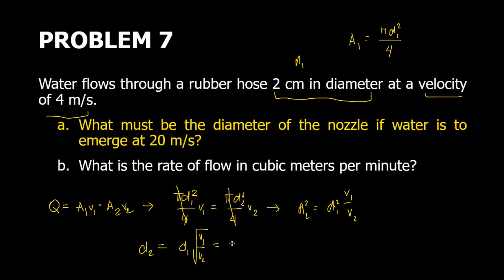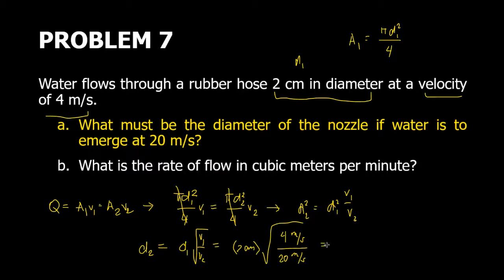So ano yung D sub 1 natin? That is 2 centimeters. Tapos, V1 natin is 4 meters per second. Tapos, ang V2 is 20 meters per second. I-plug yan sa calculator.